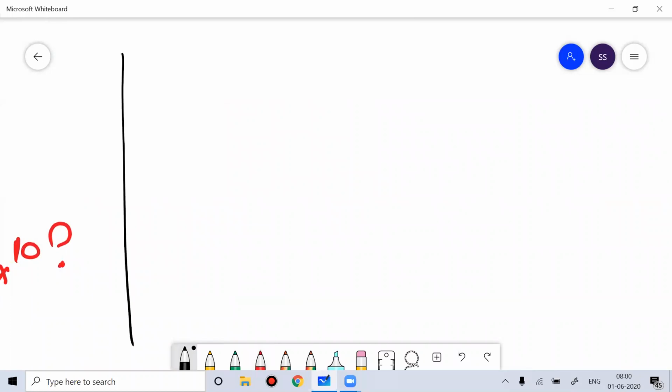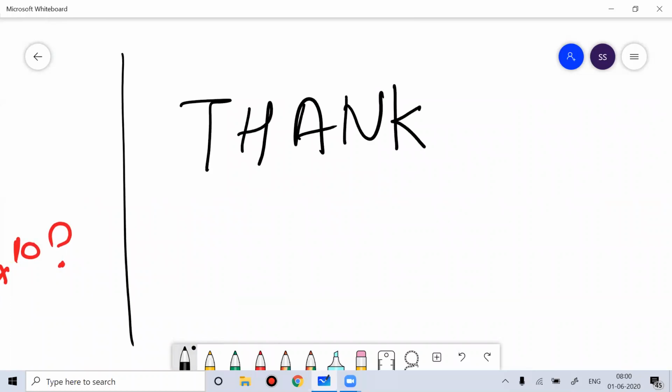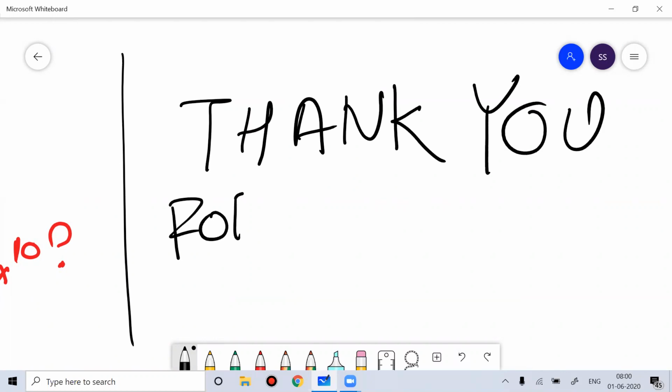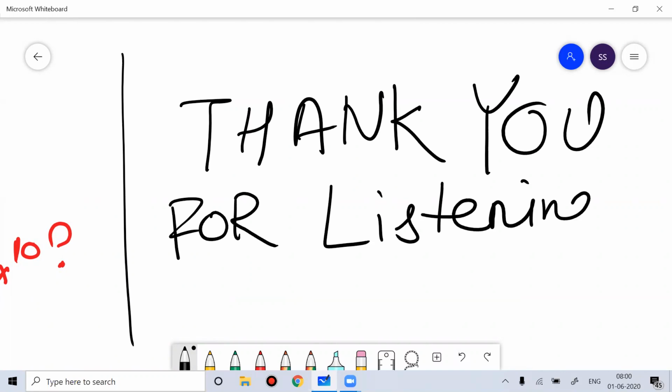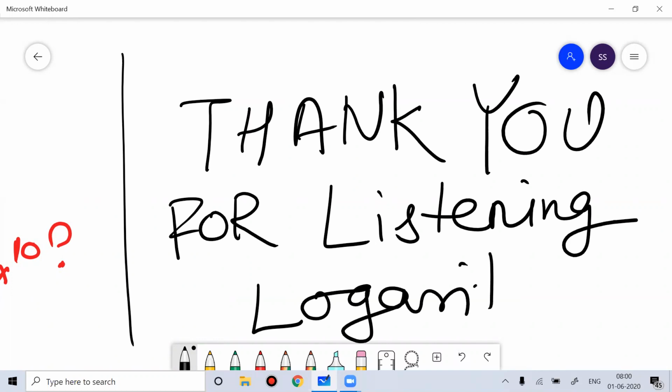The concept of logarithm is considered to be one of the very difficult portions. So I hope you have enjoyed logarithm and you have learned something very important related to the concept of logarithm.